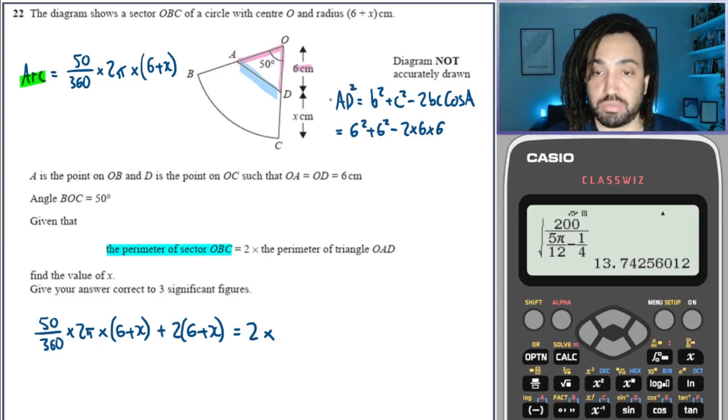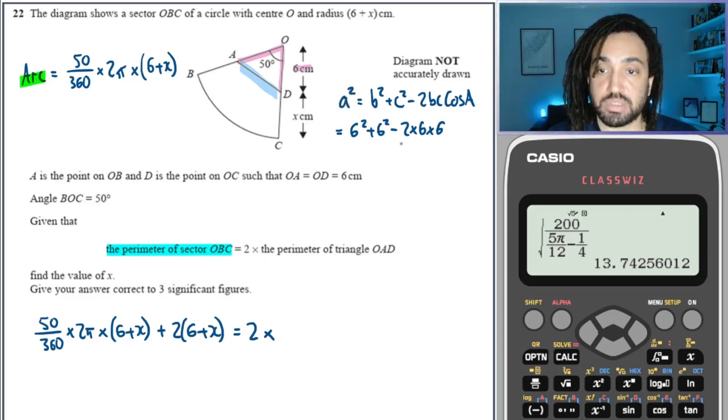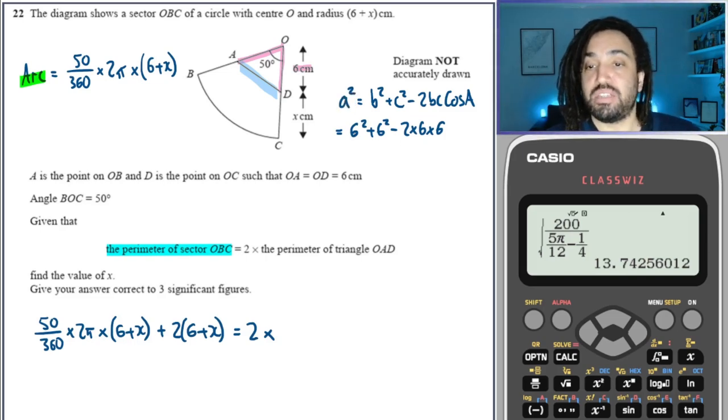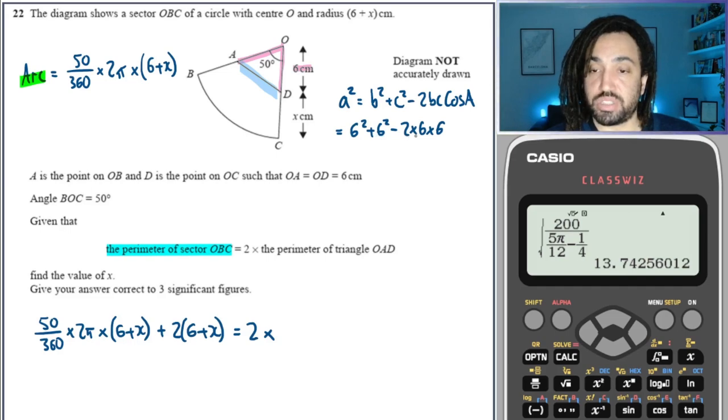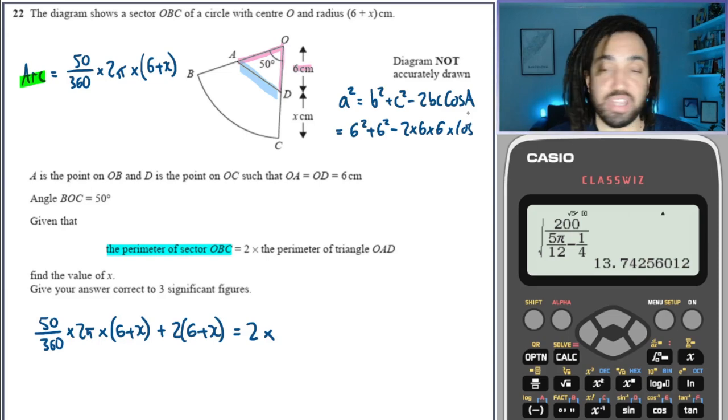Sorry, let me just rewrite the cosine rule properly. This is what the cosine rule is in your formula book. So we've got 6 squared plus 6 squared minus 2 times 6 times 6 times by cosine of the angle, which is 50. And that's all equal to AD squared.